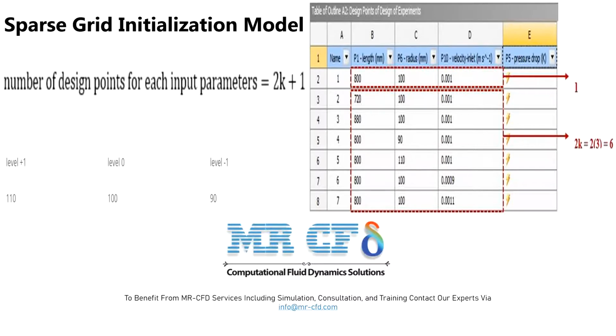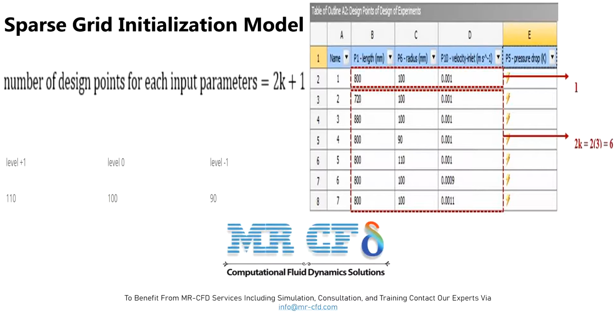Now, suppose that according to the above pattern, we have an example in which the radius parameter defined in the experimental design environment table has a range of changes from 90 mm to 110 mm, and the sparse grid initialization design model is used. This figure shows the table created in the ANSYS Workbench software.